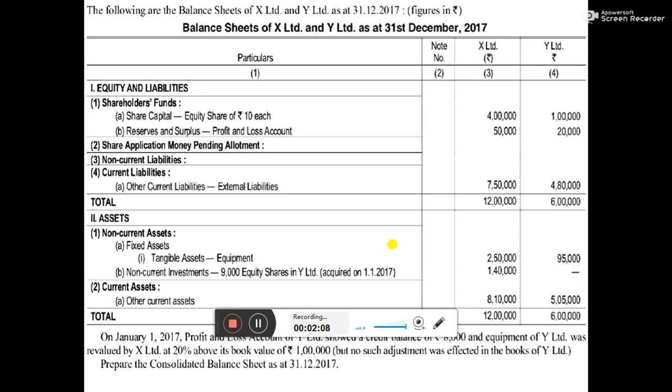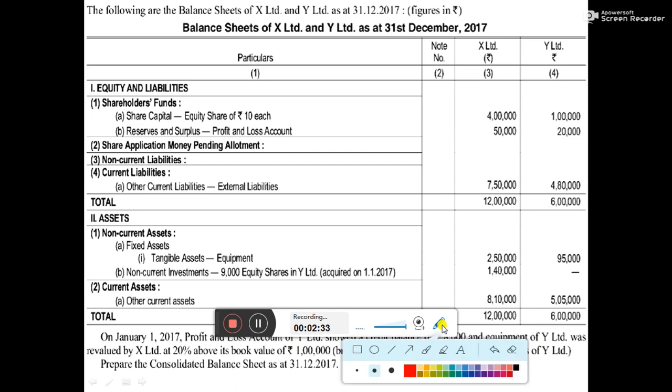In problem number 4, the balance sheet of X Limited and Y Limited as on 31st December 2017 is given. Before starting with the problem, we have to find out which is the holding company and which is the subsidiary company. To find this out, we have to see the asset side, in non-current assets, non-current investment.